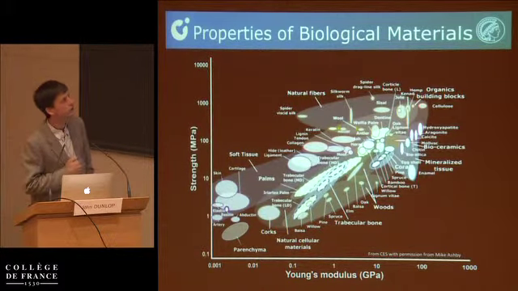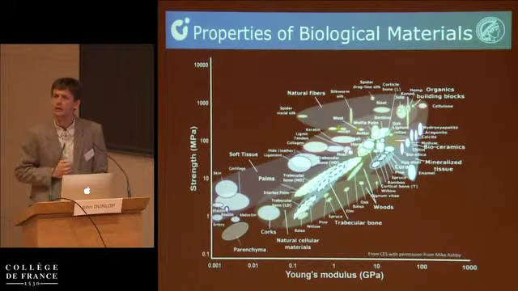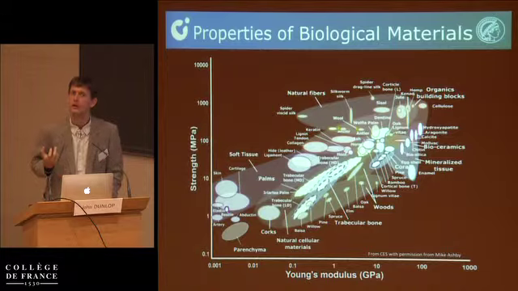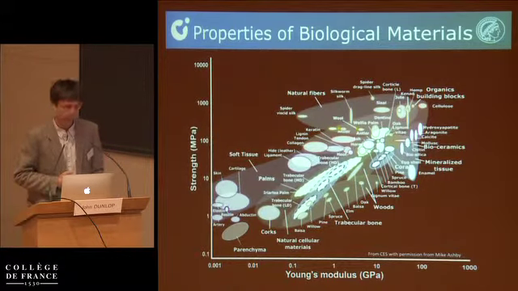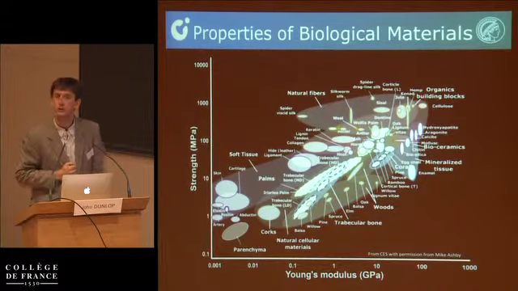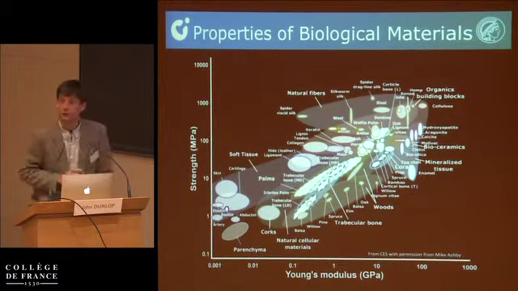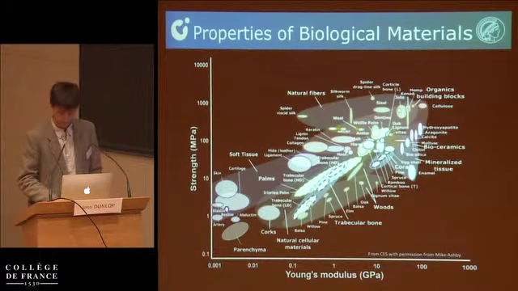You notice that there's not many holes in this space. So despite the limited number of building blocks, you can fill a very large area in this material space. Okay, I chose strength and Young's modulus. Of course, if you look at other properties, maybe this is no longer the case.